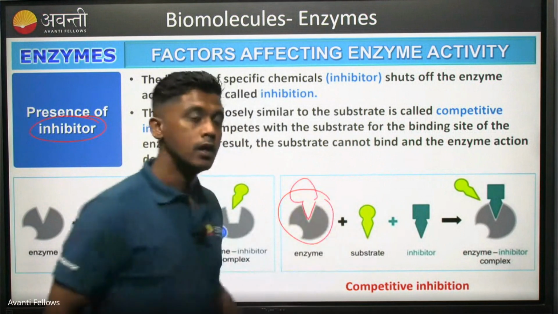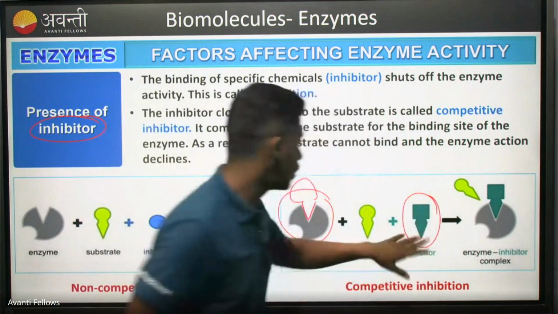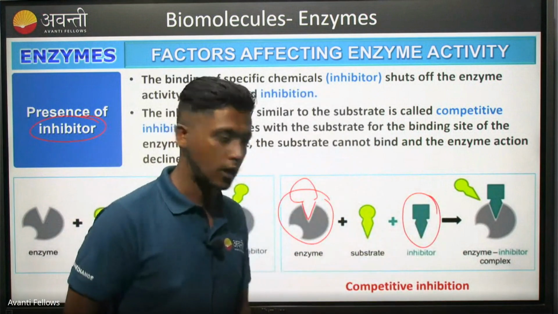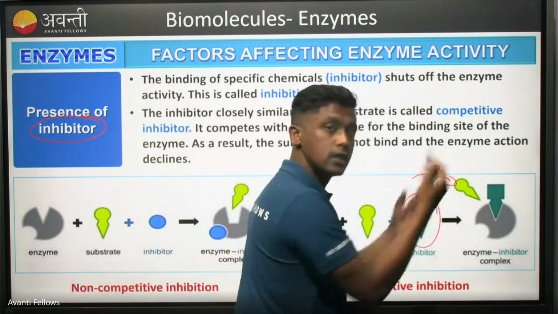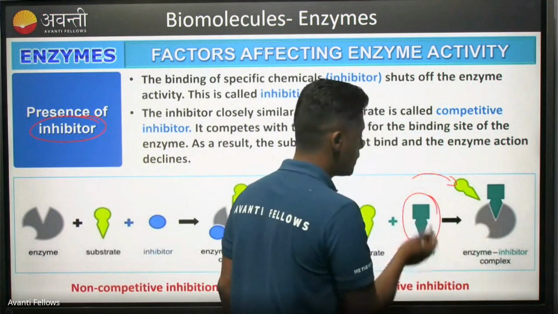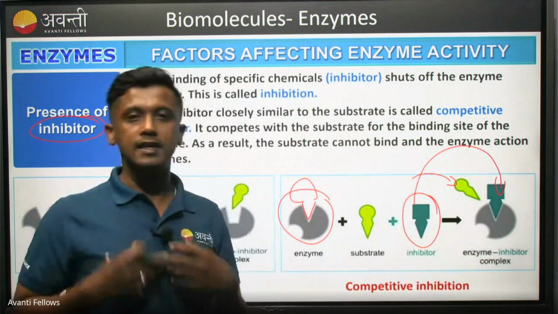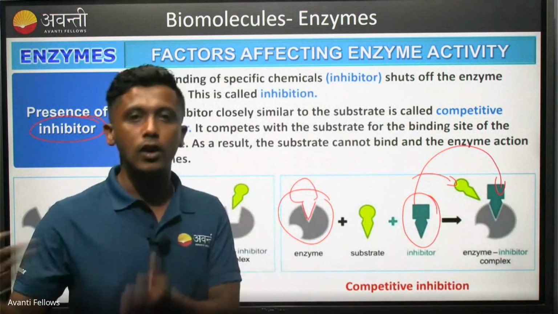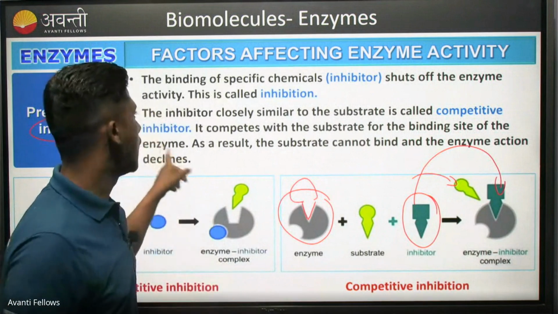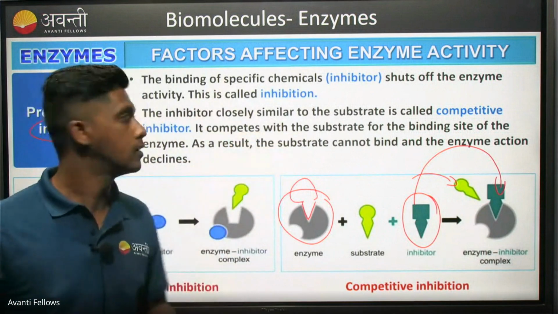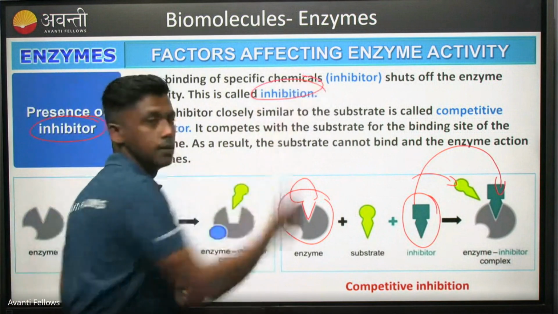The inhibitor also has a similar kind of structure. Before the enzyme goes and attaches to the substrate, an inhibitor goes and occupies the position, thereby blocking the enzyme from sitting on the substrate and causing a chemical reaction. So this does not happen. That is how an inhibitor shuts off enzymatic activity. This process is called inhibition.